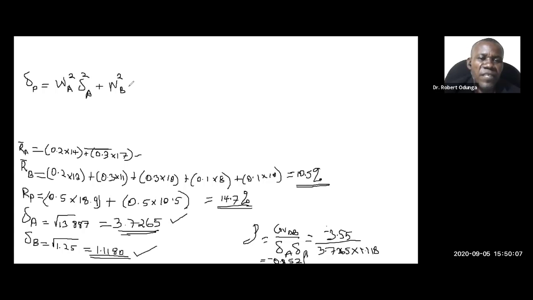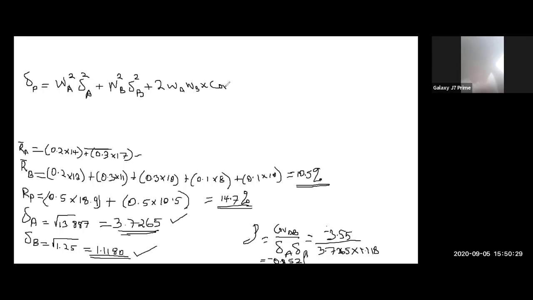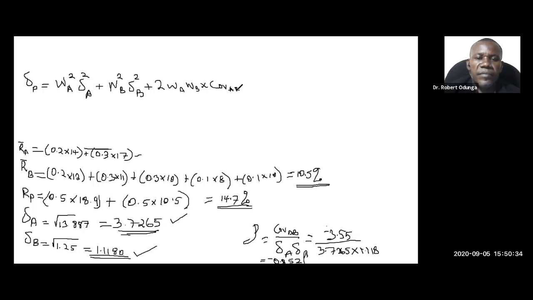This one, you need to have at your fingertips. Plus 2 times weight of A, weight of B, times covariance of AB. I gave you this formula yesterday, and you can confirm it from here.